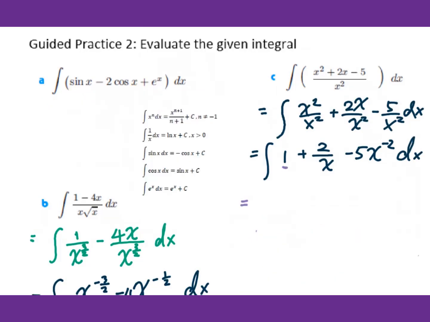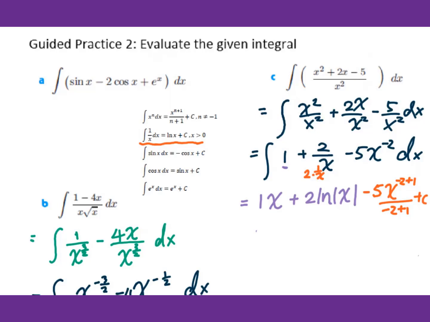You will get for this 1, that is 1x plus 2 natural log of absolute value of x, because we can count this one as 2 times 1 over x. This is the formula. Then minus 5x to the negative 2 plus 1 over negative 2 plus 1, then plus c.